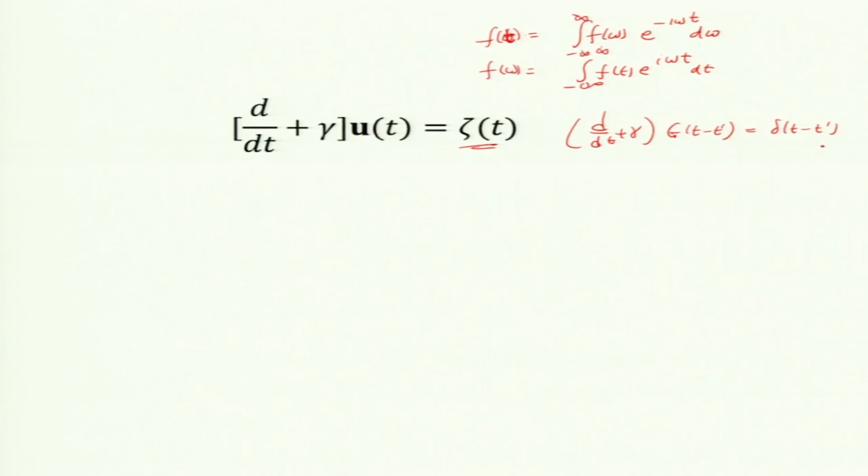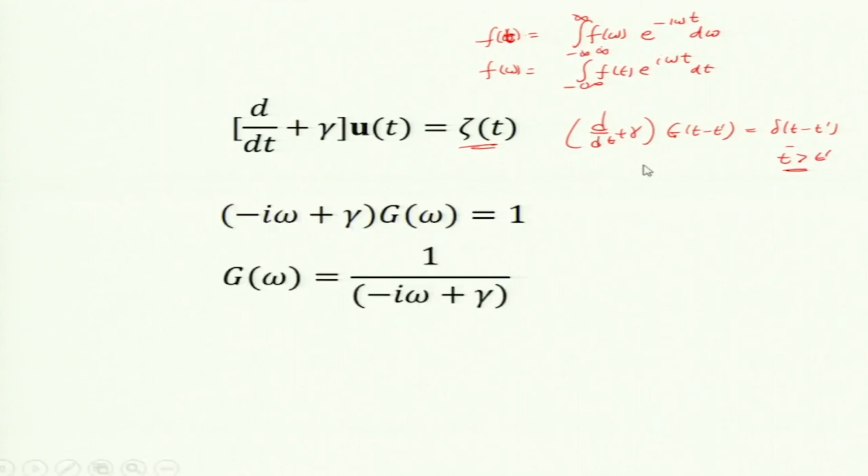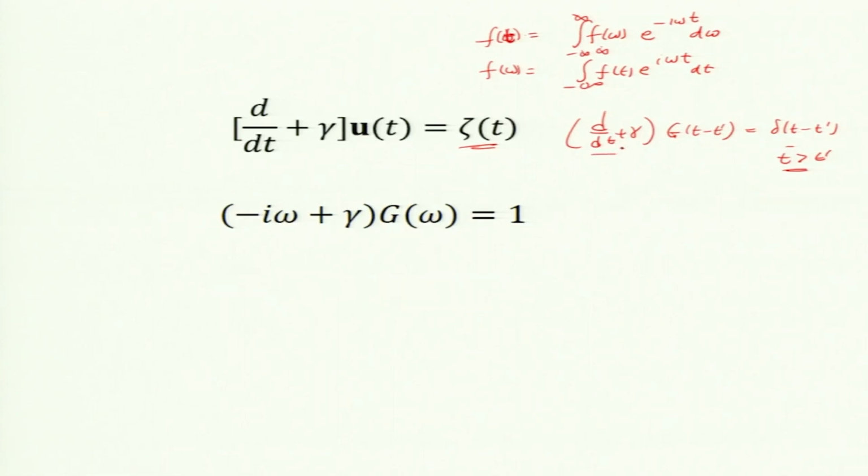So, here when I write this, I assume that t is greater than t prime. Response means if I do something, I get a response which should be later. So, if I do the Fourier transform of this, I will get minus I omega plus gamma.